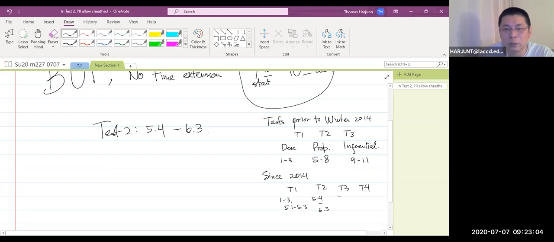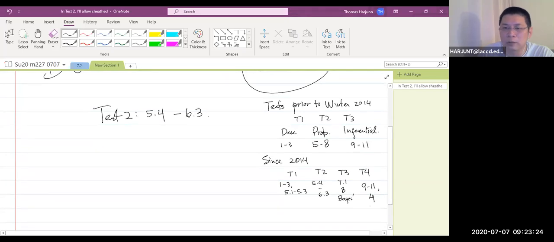Test 3 will be 7.1, 7.2 to chapter 8, plus Bayes' theorem, which is not in our textbook, but I ask that. And then test 4 will be chapter 9 to chapter 11 with chapter 4, and I think chapter 12. I will see if I can go that far.